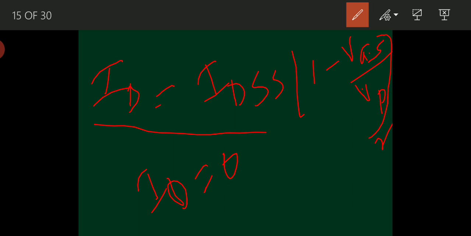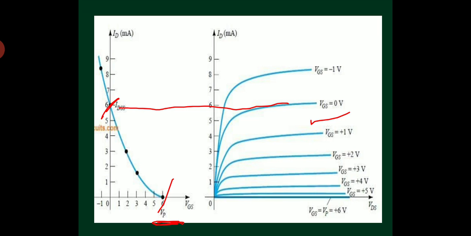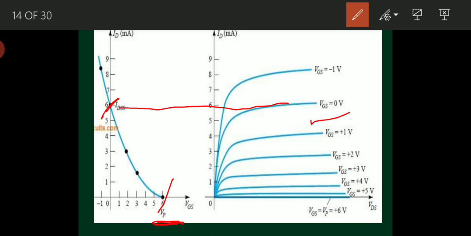So we have to draw the characteristic curve for different values of VGS to get ID, and join all the locus points to get the transfer curve. Another simple trick is there. For VGS equal to 1 volt, draw a straight line vertically like this, and draw a straight line horizontally like this.